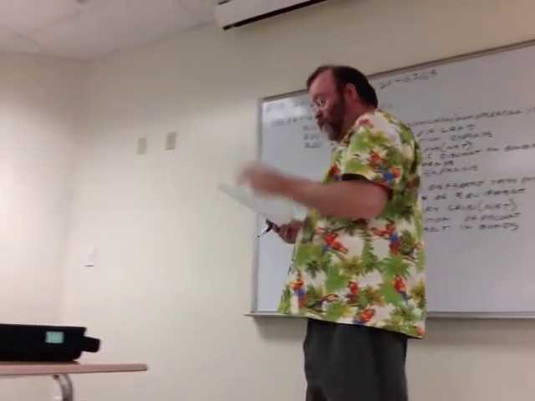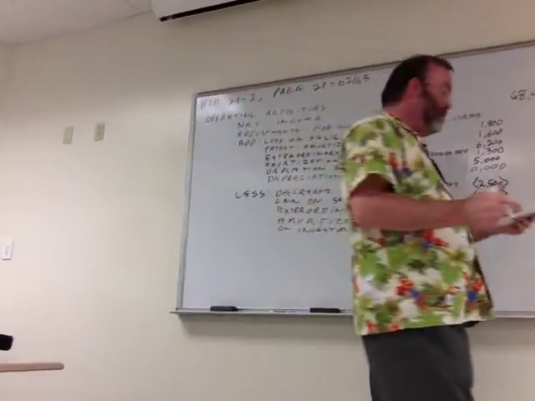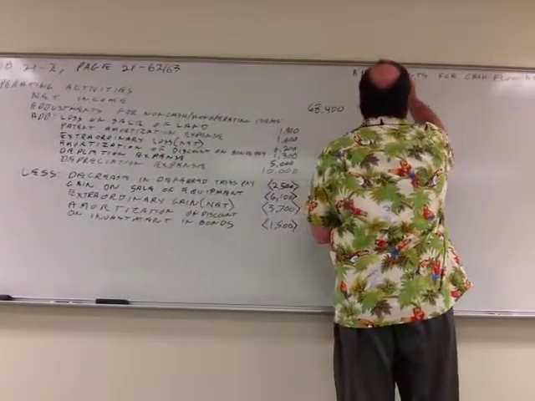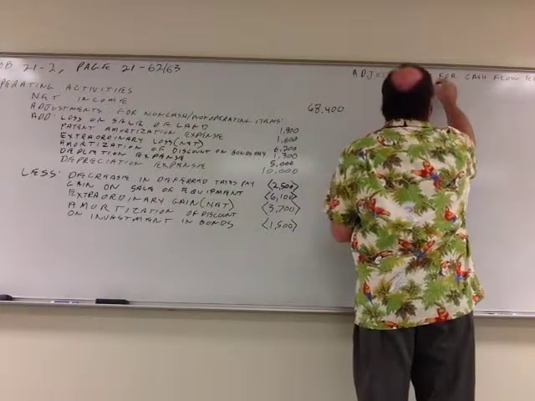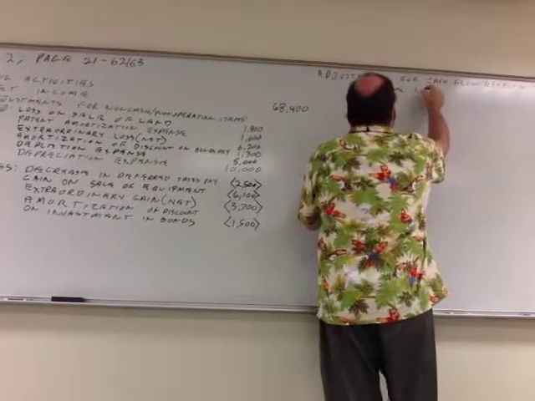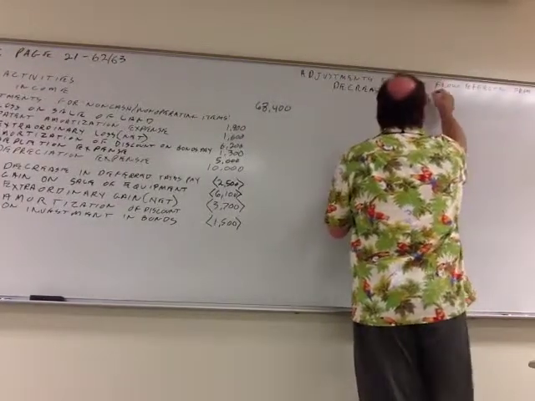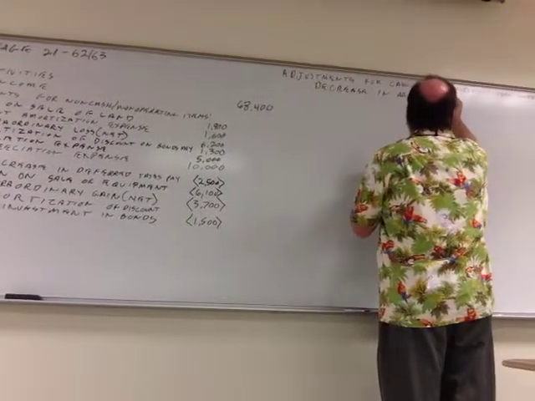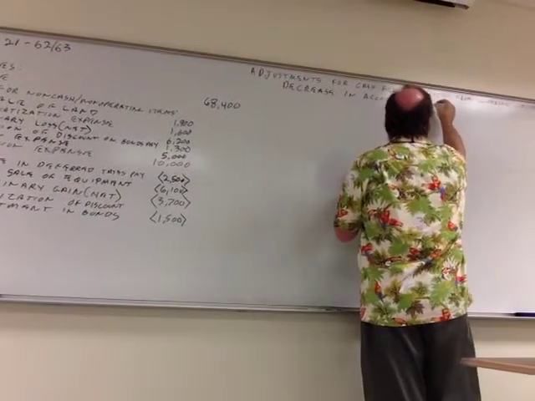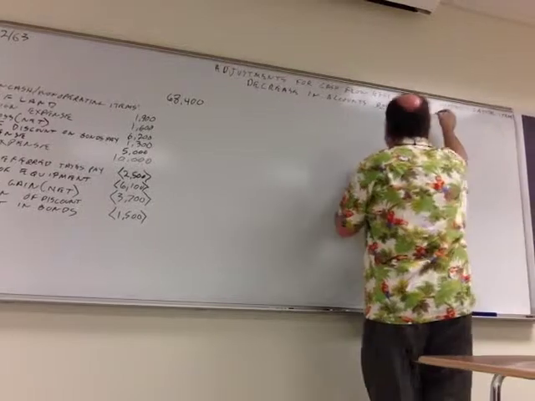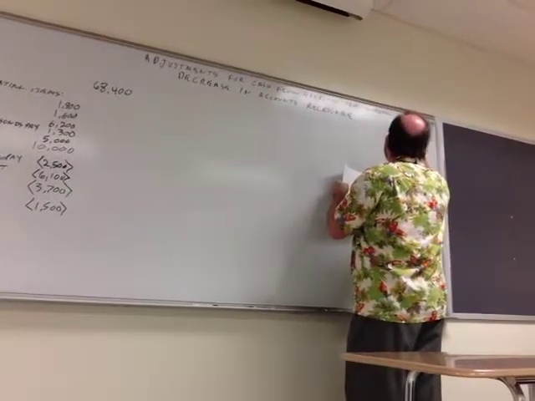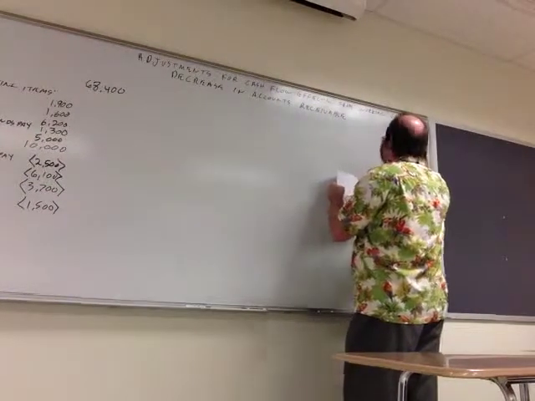So we have two current assets. Accounts receivable went down, so we have a decrease in accounts receivable, $3,500.